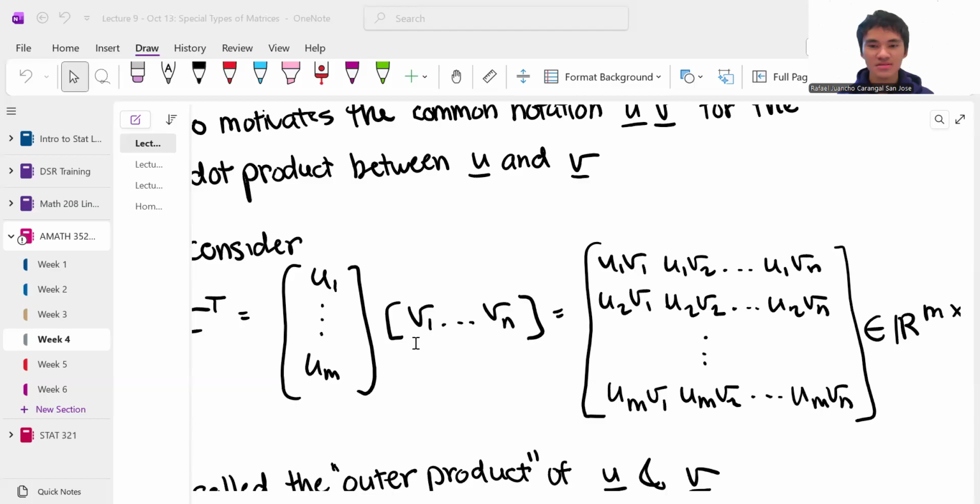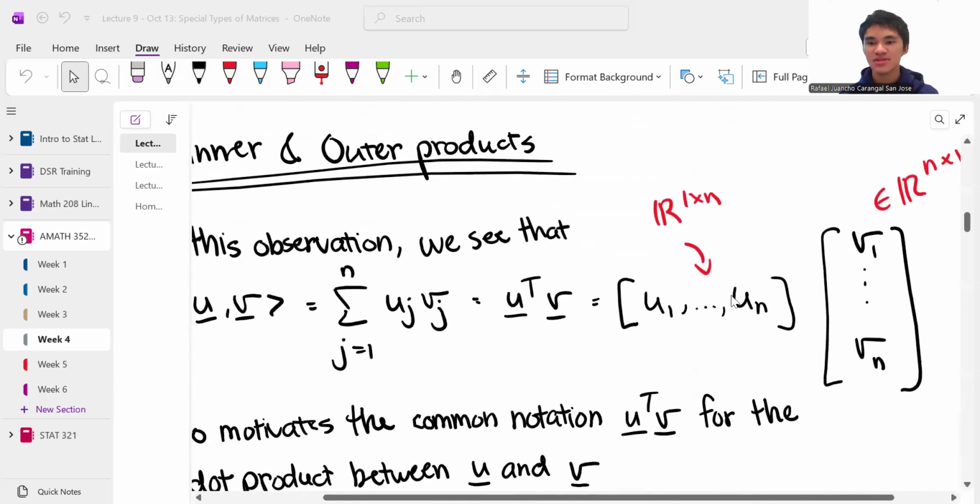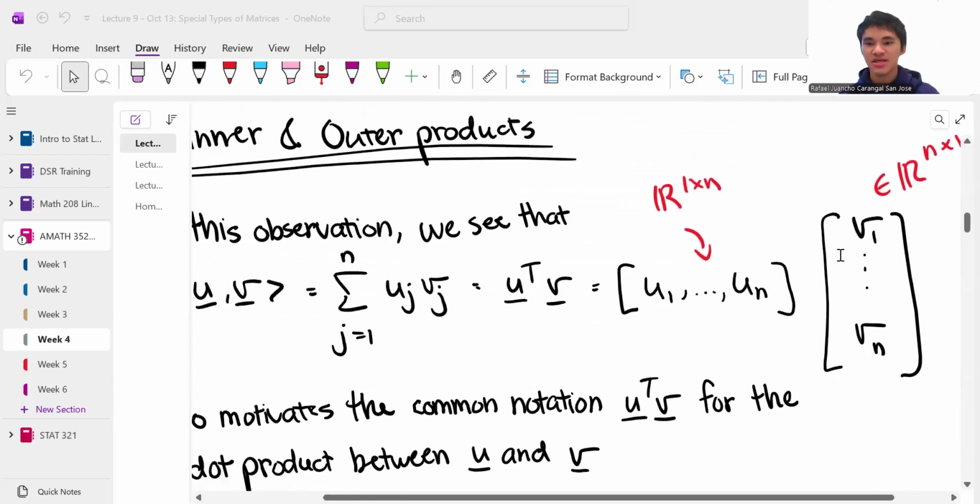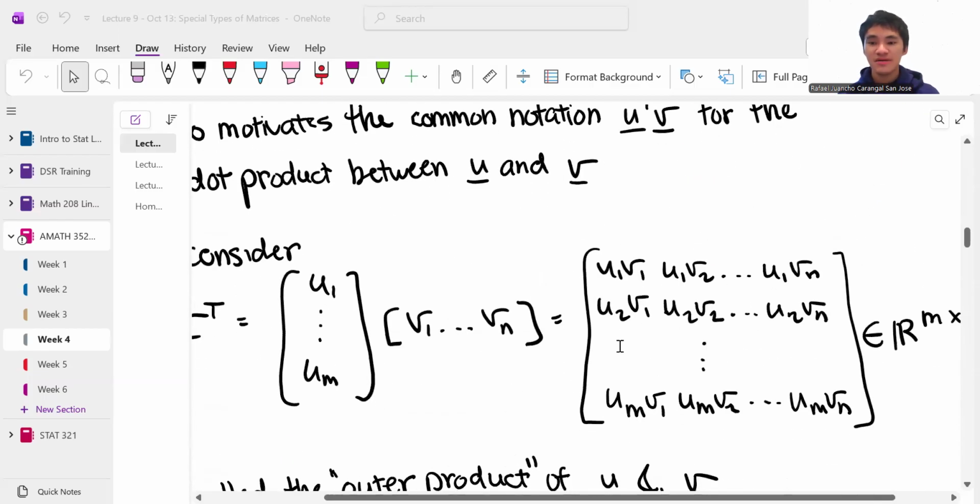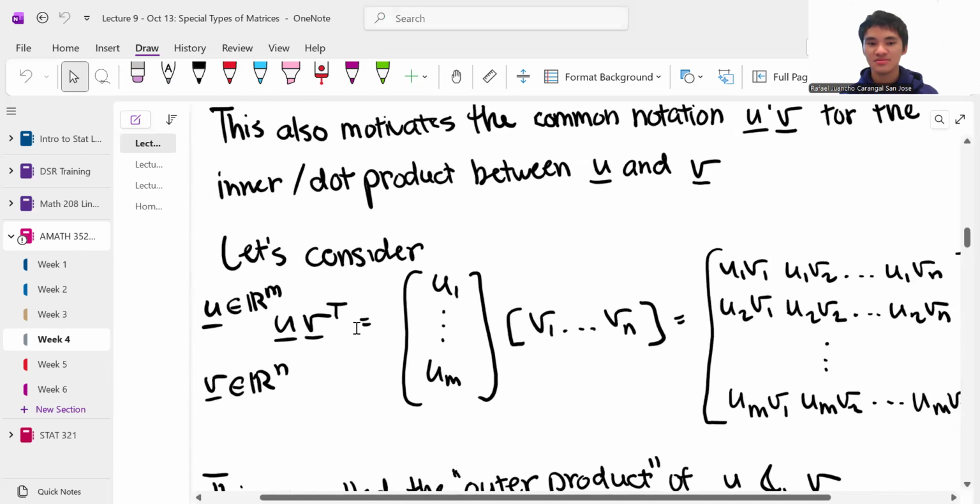We're going U sub 1 V1 to Vn, U sub 2 V1 to Vn, U sub m V1 to Vn. In the first case we just have our usual scalar, a number. But here we actually have a matrix if we switch the order.